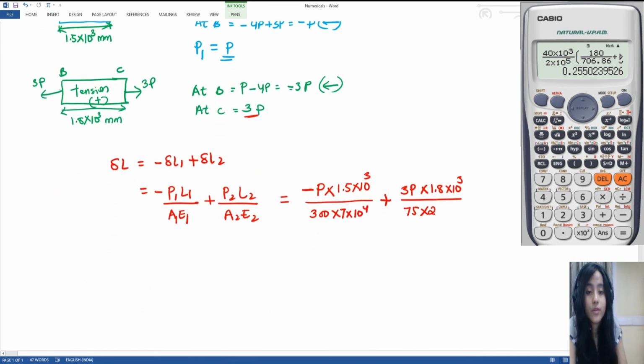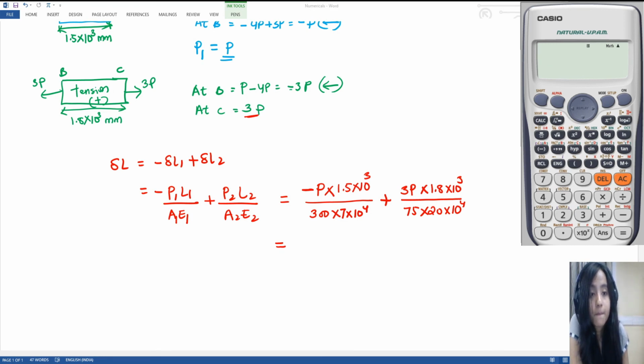So we have 20 into 10 raised to power 4. So this will be coming equal to, see what I'm gonna do, I'll be showing you how to do it in a calculator now. I'm keeping this minus outside, bracket open, so P will remain as it is.